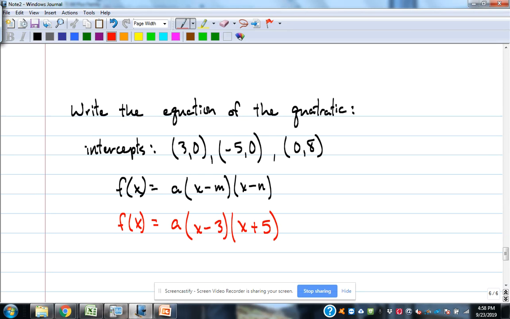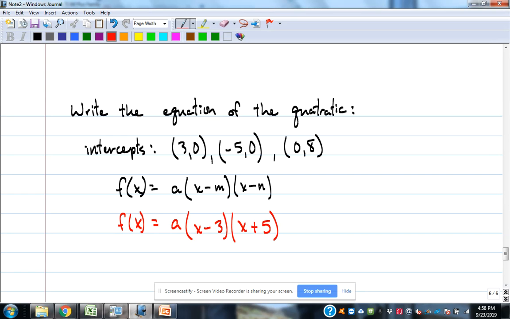And now I can take the third point that I haven't used yet. I used the x-intercepts because that's what intercept form uses. I haven't used this ordered pair yet. I can use that ordered pair to find out what a is. Because this is x and this is y. F of x is the same thing as what? Y. It's the same thing, right?